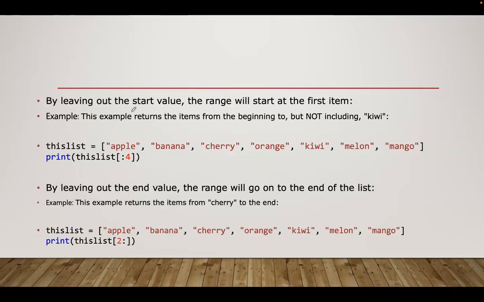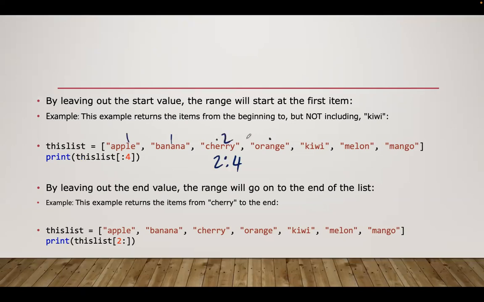Now, by leaving out the start value, the range will start at the first item. This example returns the items from the beginning to, but not including, Kiwi. What is it trying to say here? Let's say, for example, when you say 2 colon 4, it's going to count 0, 1, 2. It's going to start printing from Cherry, Orange.